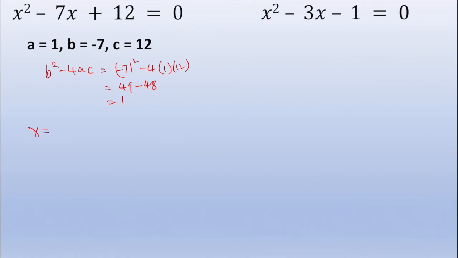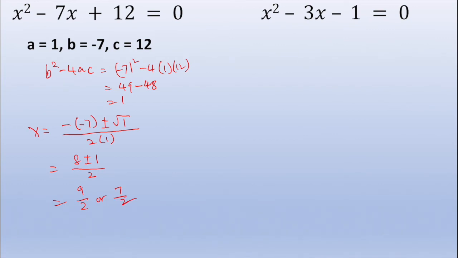So x equals minus b, minus minus 7, plus or minus square root of 1, divided by 2 times 1. That is 7 plus or minus 1 divided by 2, which is 8 divided by 2, or 6 divided by 2.